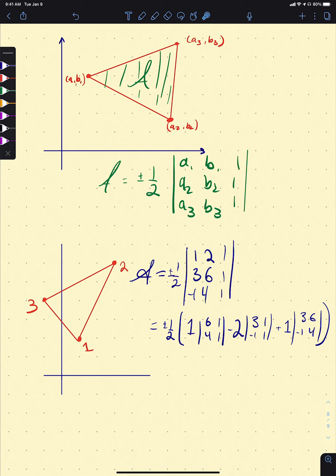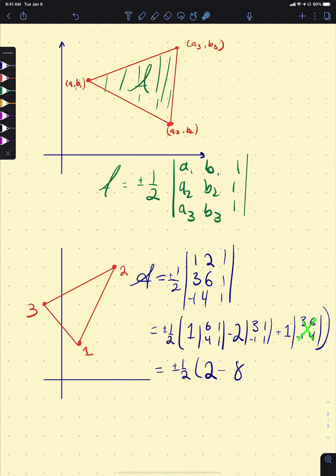So if we simplify this, we're still left with plus or minus 1/2. We're going to have 1 times 6 minus 4, or 2. We're going to have -2, it looks like, times 3 plus 1, right? So -2 times 3 plus 1 is going to be -2 times 4 for a total of -8. And then we're going to have 1, looks like we're going to have 12 here plus 6 here for a total of 18.